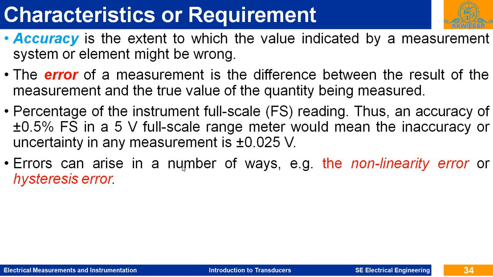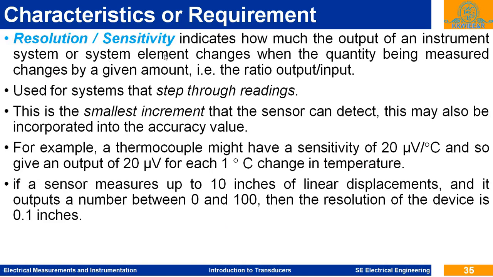Okay. So errors can arise in a number of ways, okay, because of say non-linearity error or the hysteresis. Then the resolution or sensitivity indicates how much the output of an instrument, system or system element changes when the quantity being measured changes by a given amount. Okay, that is the ratio of output upon input.